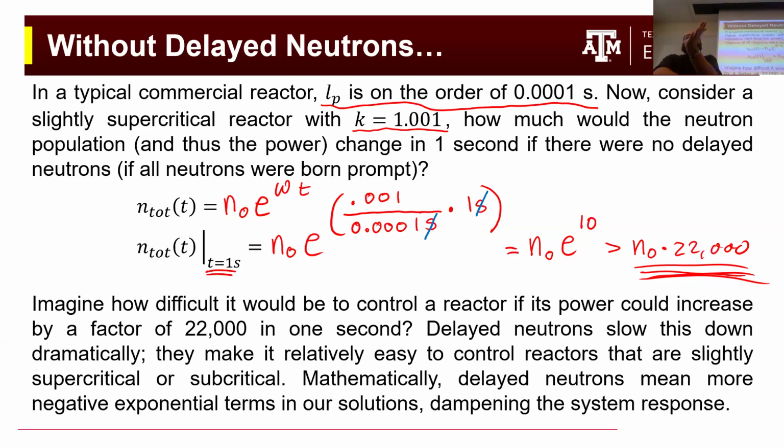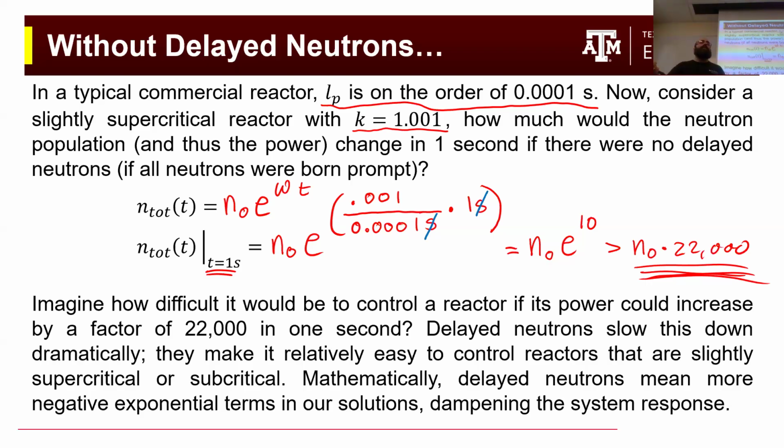So if our systems only had prompt neutrons, they would basically be impossible to control. The presence of delayed neutrons means we don't just have one exponential behavior. We have a bunch of exponentials that all have varying time constants. That means the behavior of our system responds slower than it otherwise would if there were no delayed neutrons.